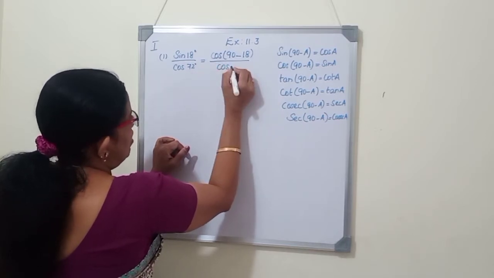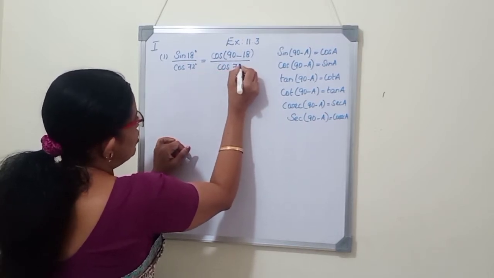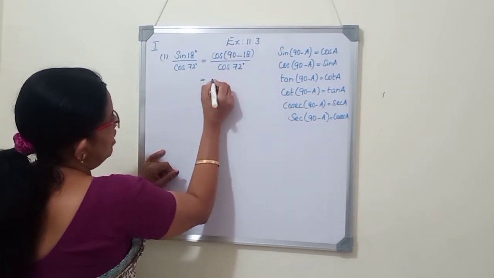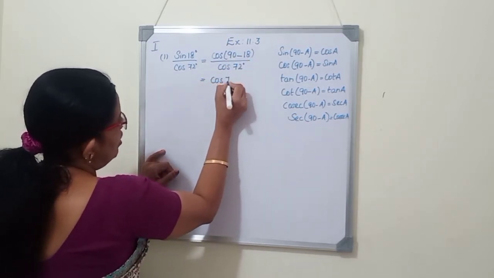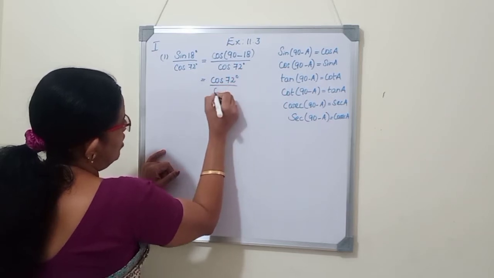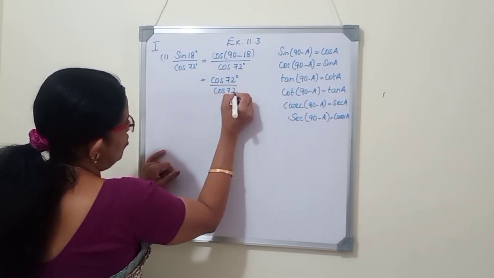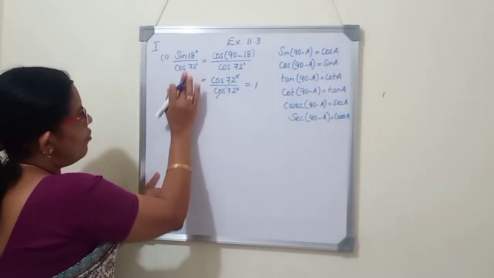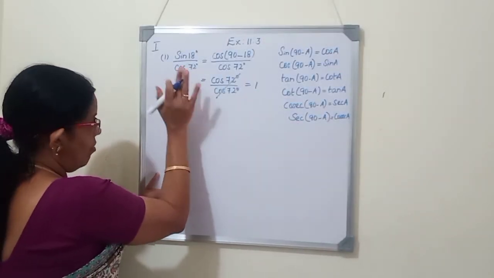Any one angle we have to change. So cos 72 write as it is. Now what is 90 minus 18? It is 72. So cos 72 by cos 72 degree. So numerator and denominator will cancel. Answer is 1.